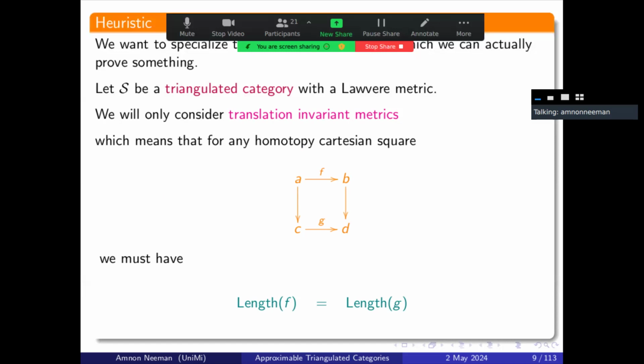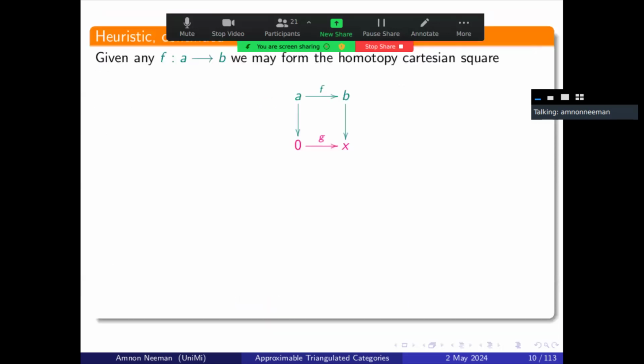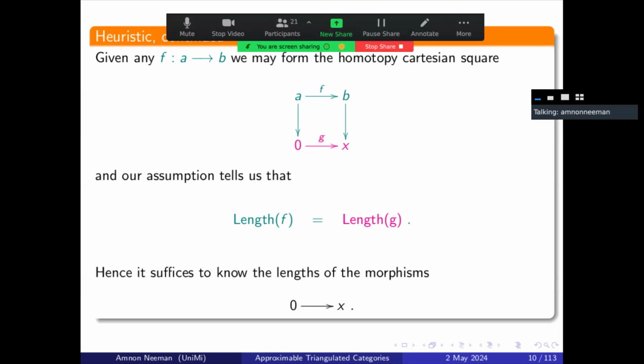So the lengths of two parallel morphisms in a homotopy Cartesian square are equal. Now, every morphism can be translated to start at the origin. If the metric is translation invariant, the length of F has to be equal to the length of G. Therefore, the metric is completely described by the length of morphisms starting at the origin.